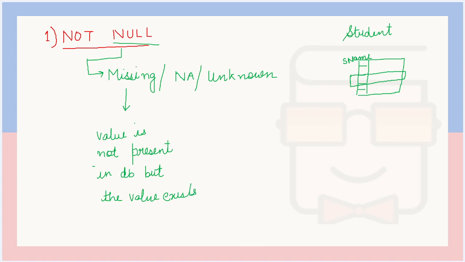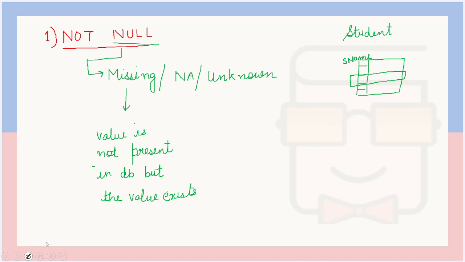Similarly, if there is a student whose Aadhaar number has not been stored, or who has not filled in the details of his Aadhaar number, then in that case also, since every citizen has to have an Aadhaar card, the value exists but has not been filled in and is missing from the database table.